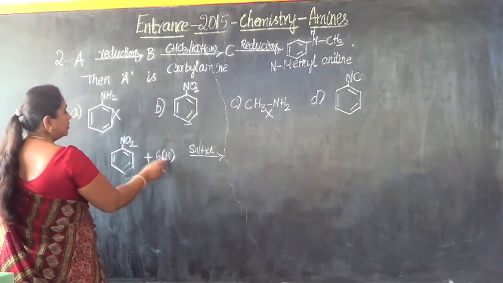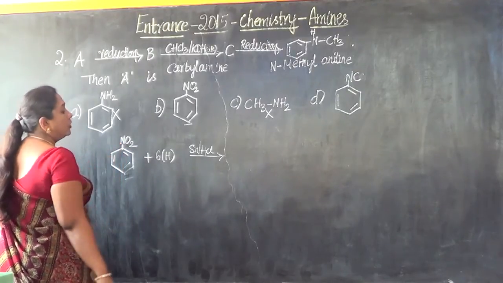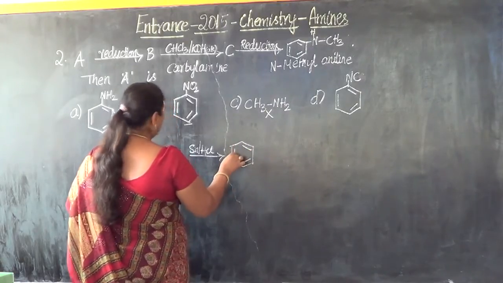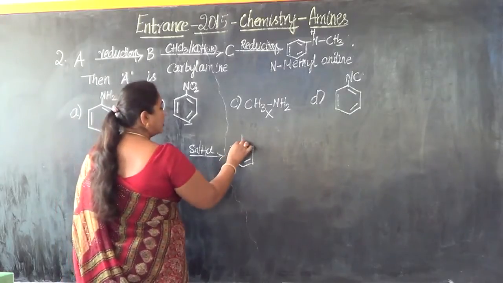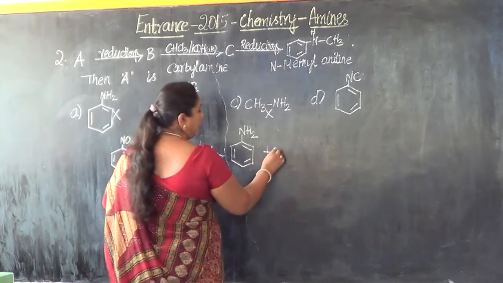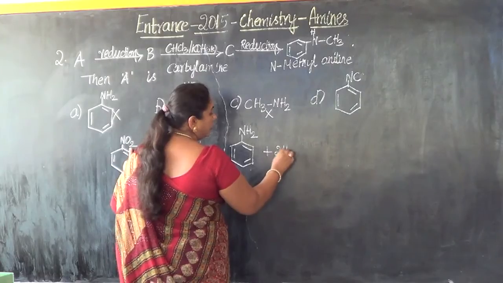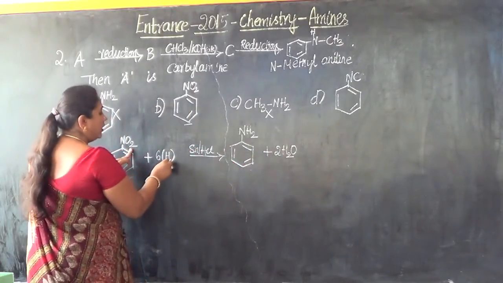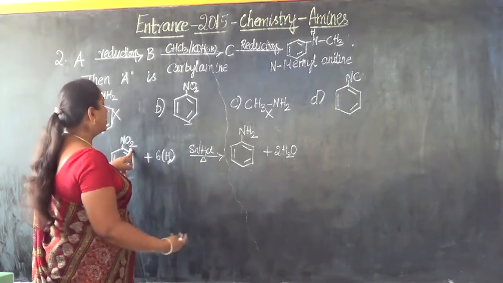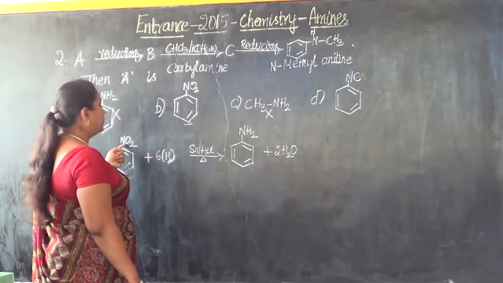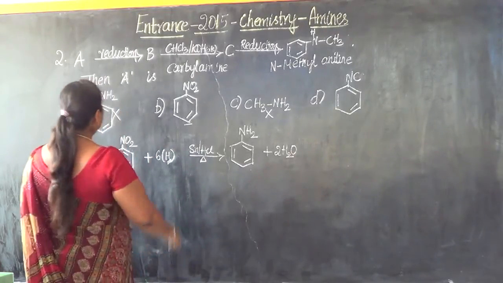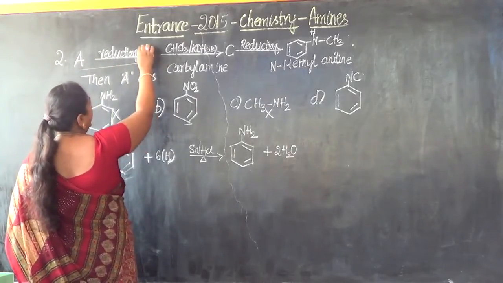Nascent hydrogen takes the place of the 2 oxygens, giving NH2, and the 2 oxygens go out as 2 molecules of water, for which 4 hydrogens are supplied from the reducing agent tin with HCl.